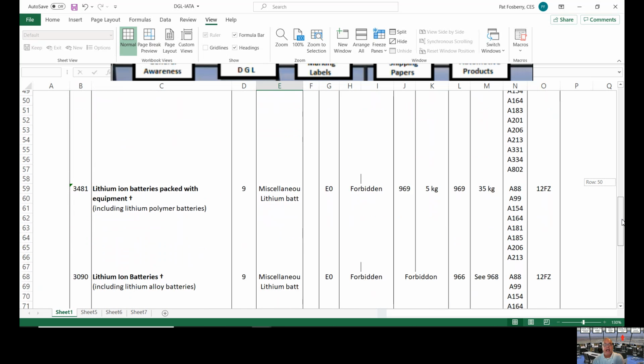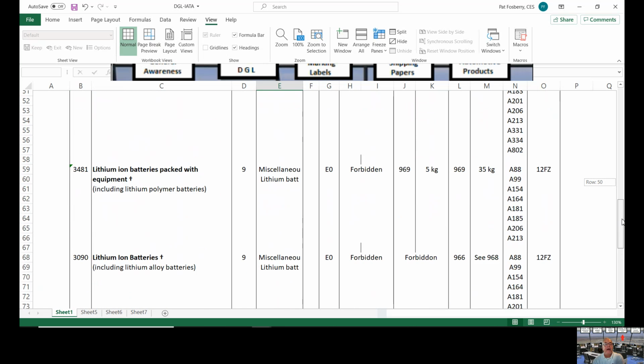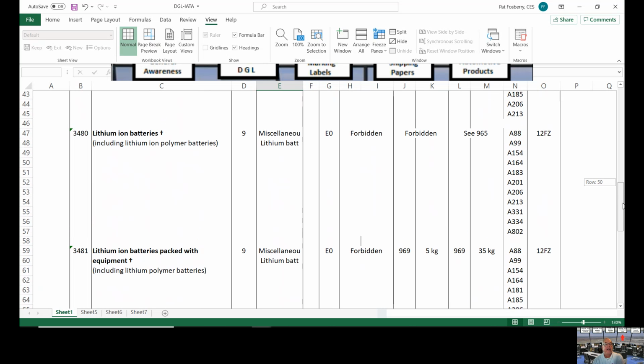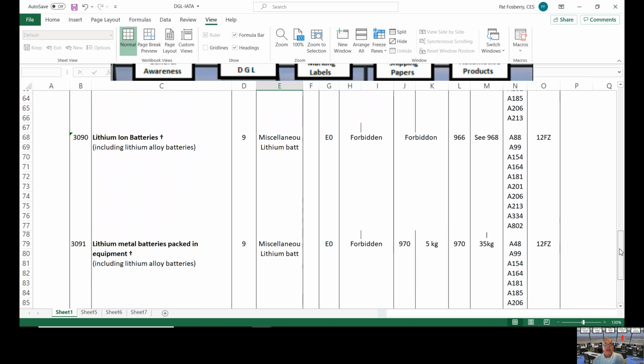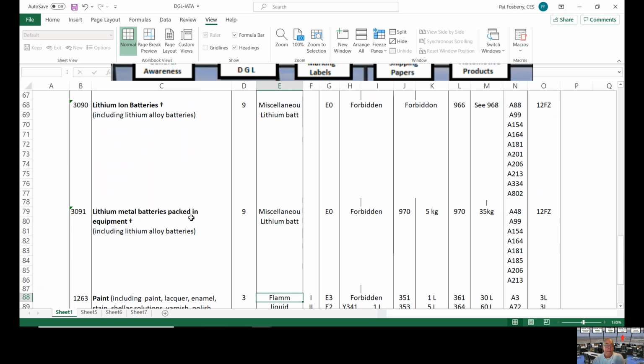Then we've got 969. Then we have another lithium-ion batteries. This one was including lithium-ion polymer batteries. Here, including lithium alloy batteries. Totally different UN number here, but again, these are forbidden also on passenger aircraft. Then we go down to lithium metal batteries, another different one.